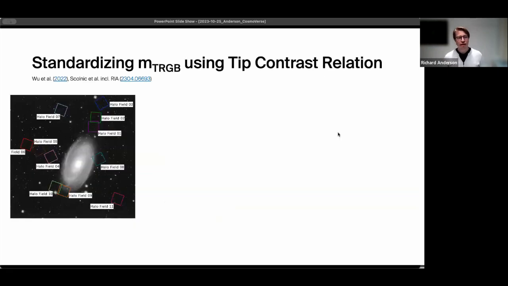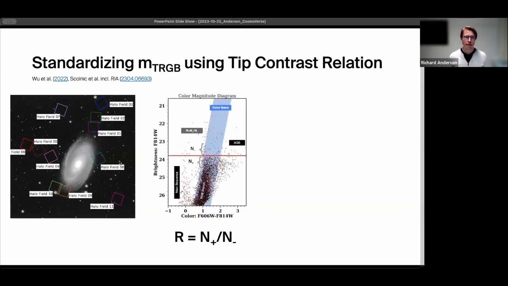And now I'd like to briefly get to connecting this with what Dan spoke about with respect to the CATS algorithm. So those of you who did not follow that presentation, essentially there's a push to standardize a TRGB measurement. And Wu et al., Jeshi Wu et al., looked at many fields of the same galaxy here from the GHOST survey and considered the magnitude of the TRGB that was returned for each of these fields as a function of this contrast ratio here.